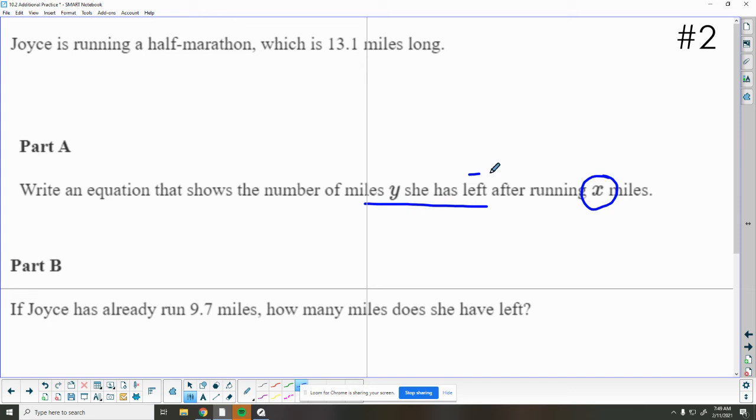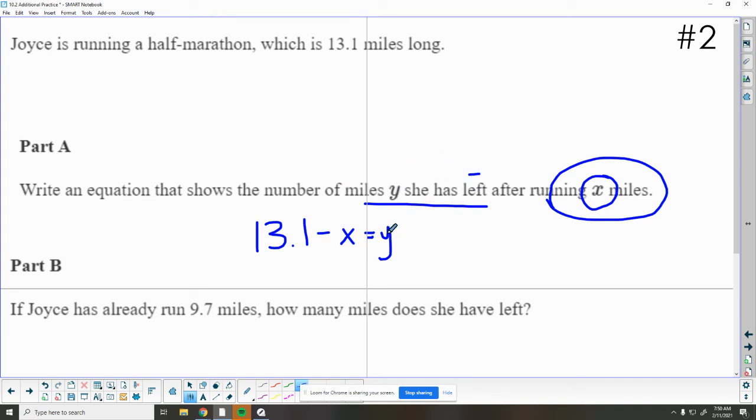The total she has to run is 13.1, and she's run x amount. We take away the amount she's run, and that leaves us with the number she has left to go. So y is what she has left.